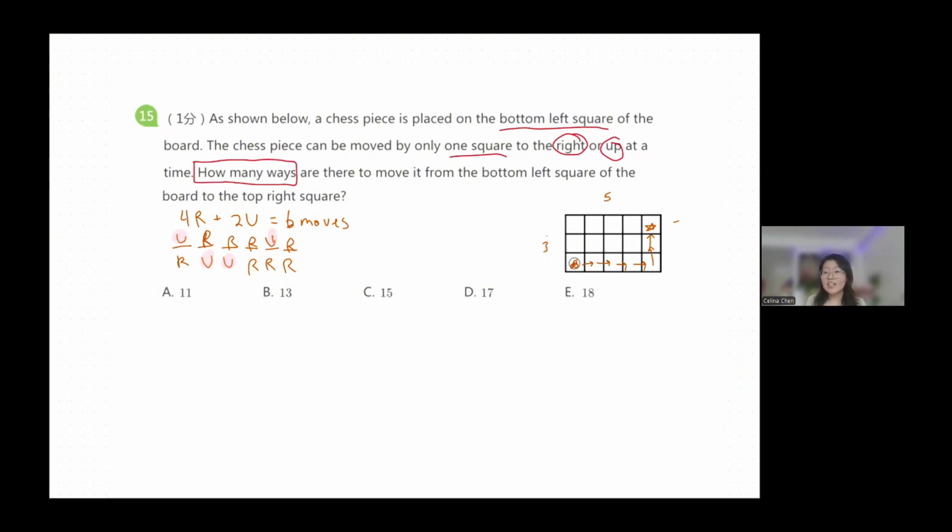That's why we use a combination method. Let me write it down. The combination formula looks like this. N choose R is equal to N factorial over R factorial times N minus R factorial.